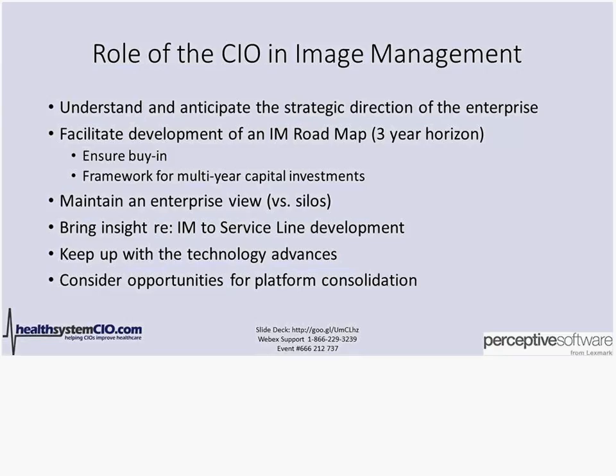I've helped facilitate the development of an image management roadmap. It's a 3-year planning horizon, involved stakeholders to help ensure buy-in, and it offers you a framework then for multi-year capital investments. It's very important, I think, to maintain an enterprise view versus silos.